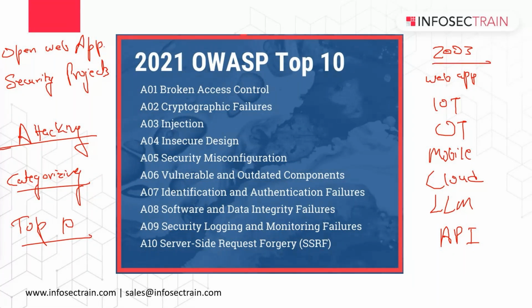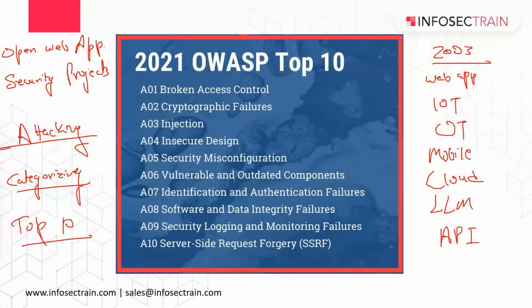And from that year, every 3 or 4 years, OWASP releases a list of top 10 vulnerabilities so that you can safeguard your organization. A very big mistake which people make while they are understanding OWASP Top 10 is that they think there are only 10 vulnerabilities in OWASP.